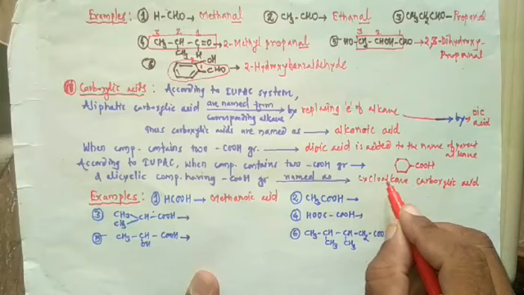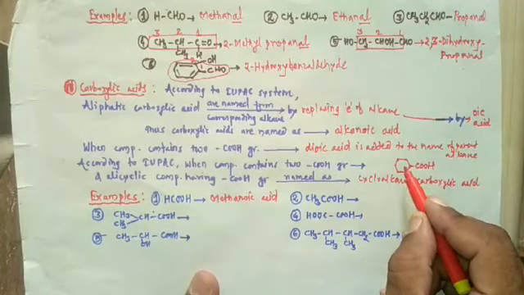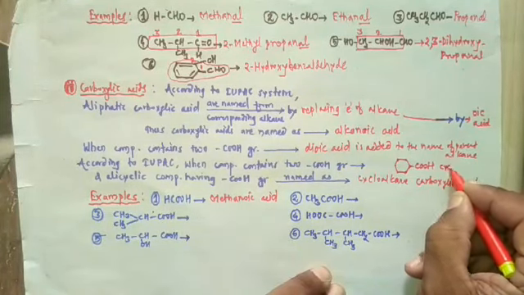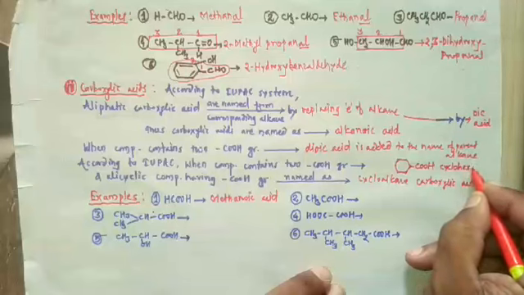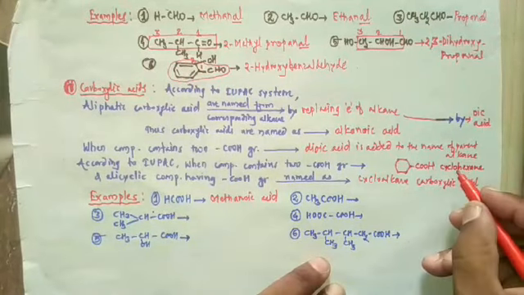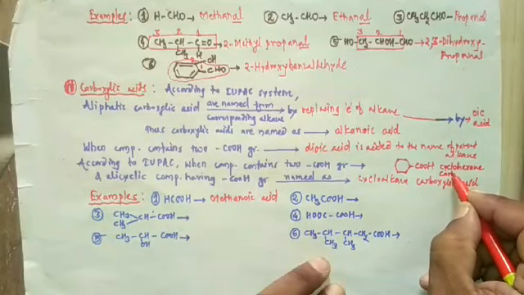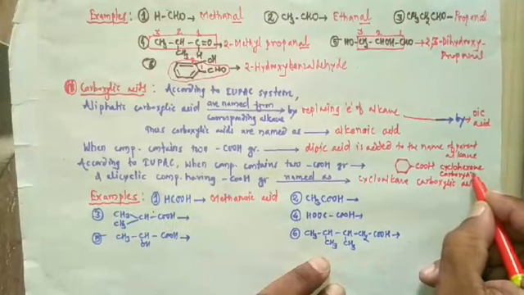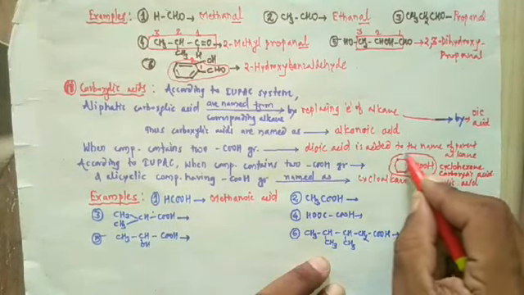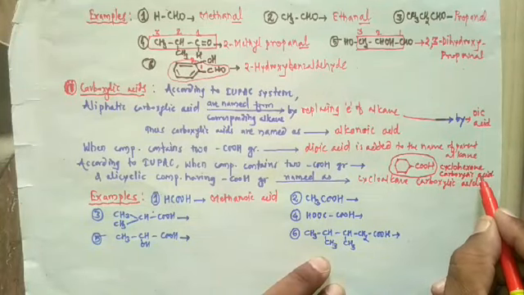First of all we have to write the name of the cycloalkane, and the name of this cycloalkane is cyclohexane. Cyclohexane. And next we have to add carboxylic acid. So the name of this compound is cyclohexane carboxylic acid.